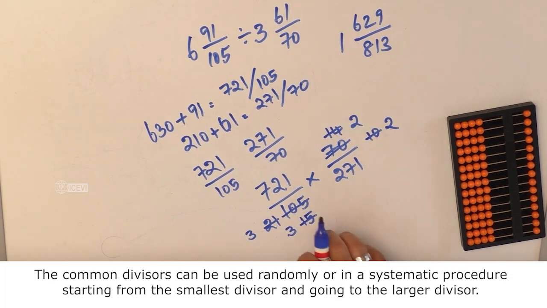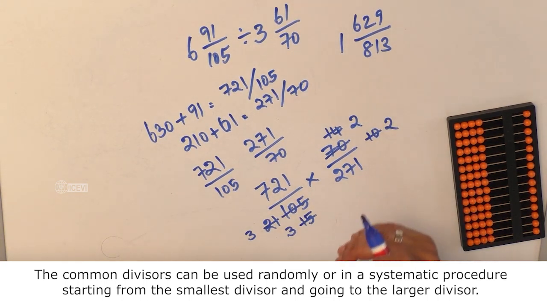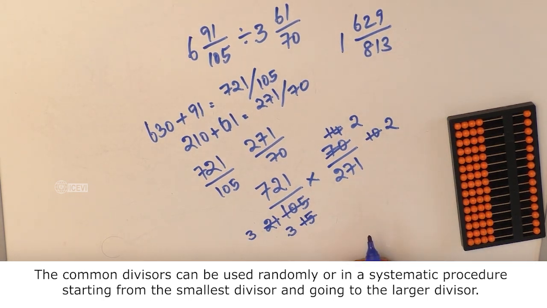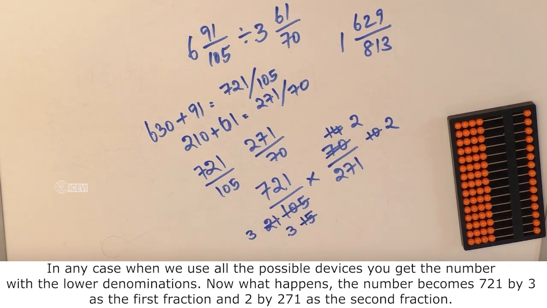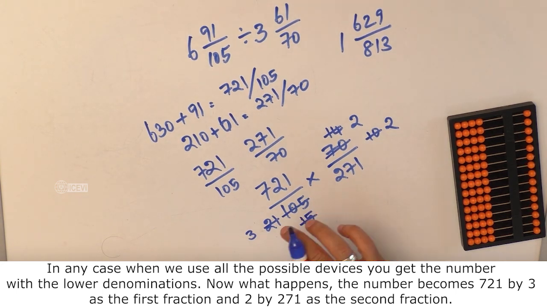So the common divisors can be used randomly or in a systematic procedure, starting from the smallest divisor and going to the larger divisors. In any case, when you use all the possible divisors, you get the numbers with lower denominations.